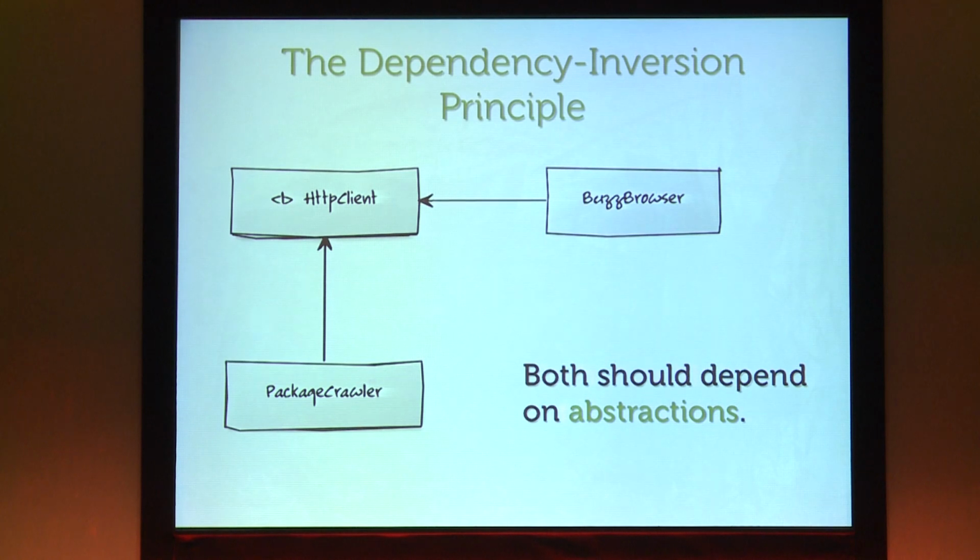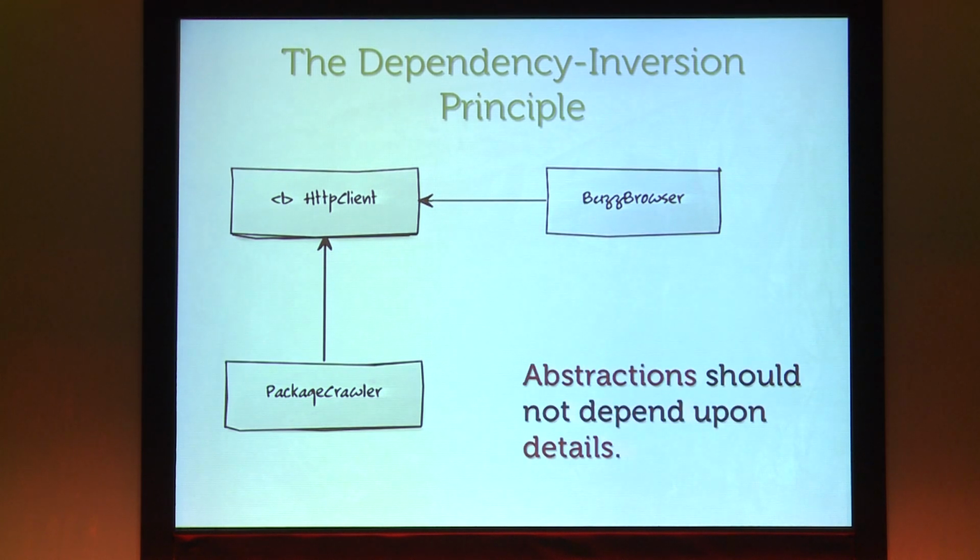But I actually made a small mistake here, and the principle clarifies that: abstractions should not depend on details. By giving the HTTP client that name, I actually suggested the solution, suggested the implementation. HTTP client is something very specific to the Buzz browser, for example.